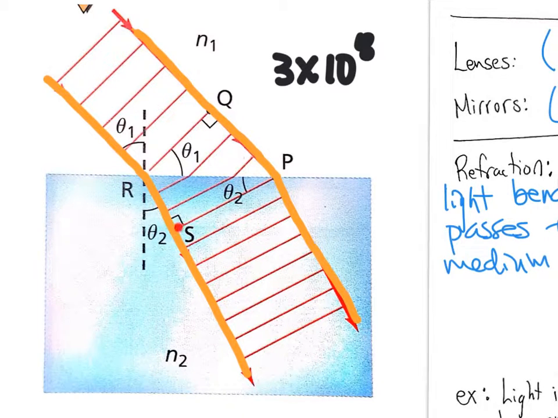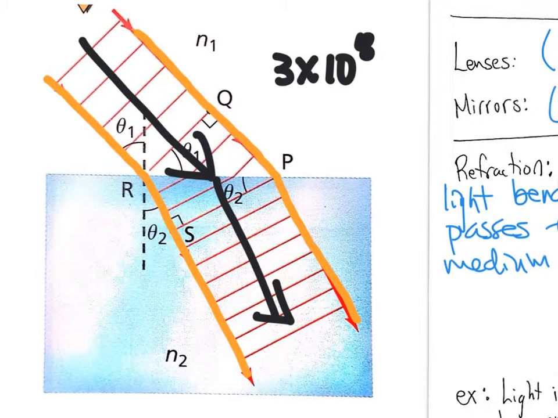And so do you see how, because this stuff starts moving slower, the wave fronts get bunched together. And because they get bunched together, the direction in which those waves are traveling changes. So this is sort of a description of why light will bend as it passes from one medium into another if it goes different speeds.